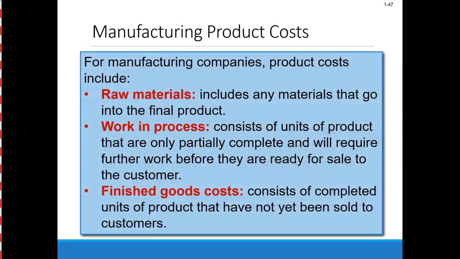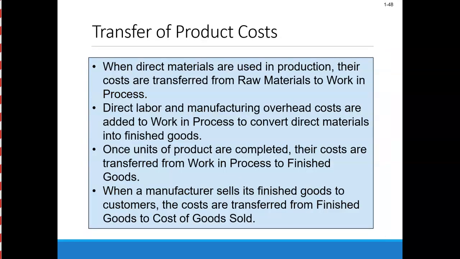For manufacturing companies, product costs include raw materials, all materials that go into the product. Work in process consists of units of product that are only partially completed and will require further work before they're ready to be sold. And then finished goods, goods that are totally completed, just waiting to be sold.